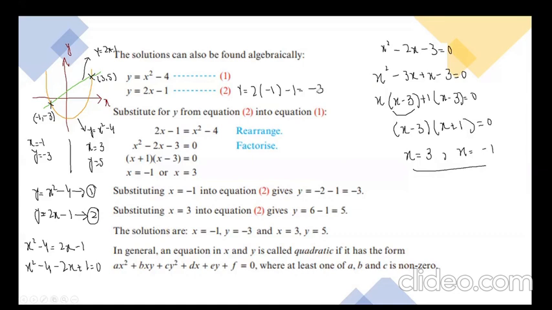And putting x equals 3, 2 into 3 minus 1, so it must be 6 minus 1 equals 5. So by putting x equals minus 1, the value of y is minus 3, and by putting x equals 3, we computed the value of y equals 5. So these are the two values.